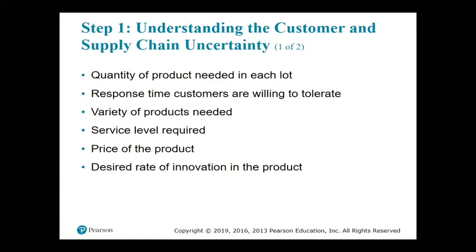So, if we look at the quantity of product needed for each lot or for each order, and if we talk about the emergency order versus a regular product order, the quantity may vary a lot in emergency orders, and it may be very stable in regular usage scenarios.